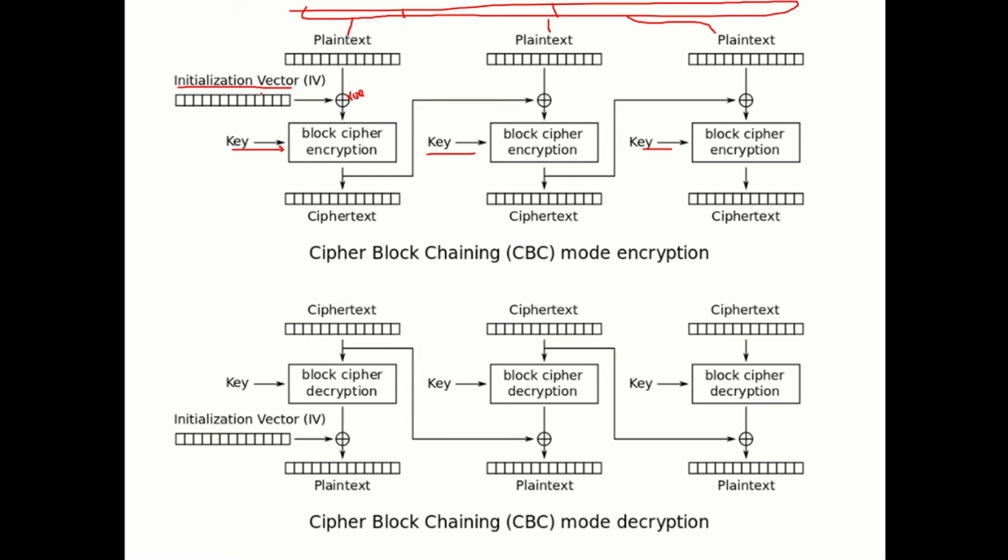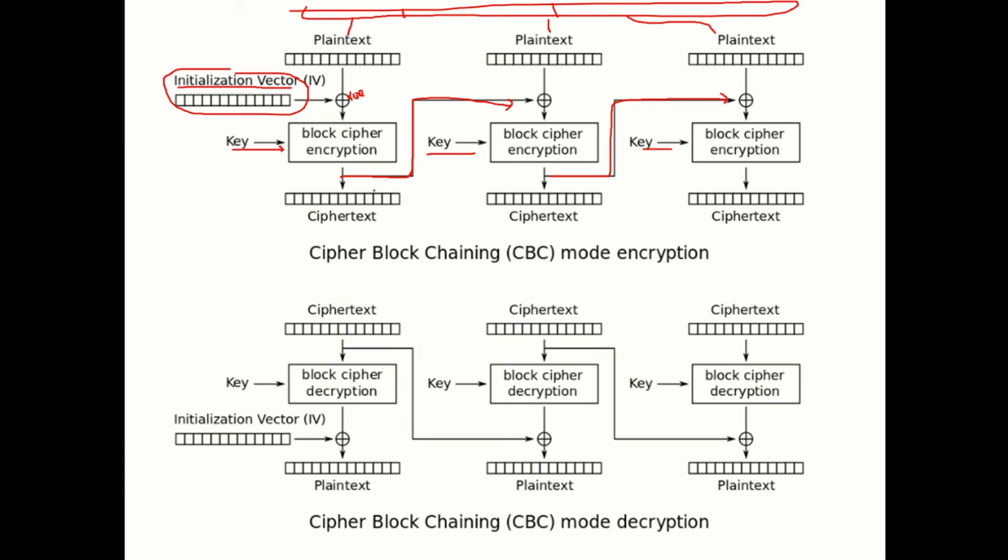In the second block, we don't have an initialization vector. The output from the encryption will be used as the initialization vector for the second block. So this is the difference between this one and the other one.